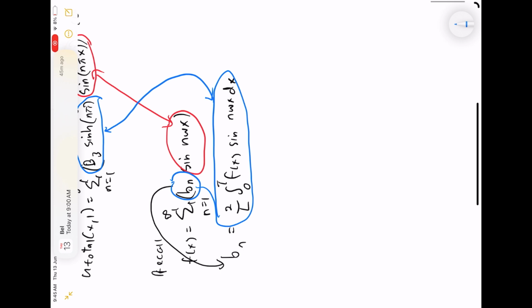So our B3 sine n pi, which is here, is equal to here, 2 over L, integration from 0 to tau, f(x) sine n w x dx.